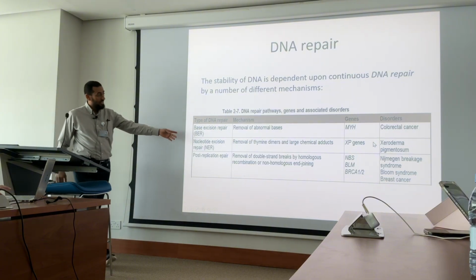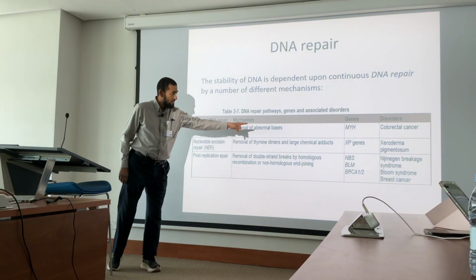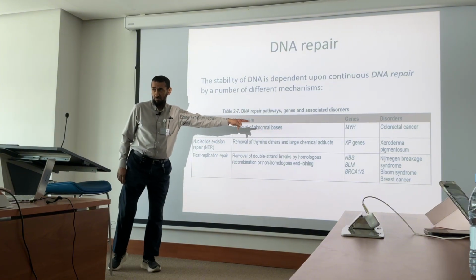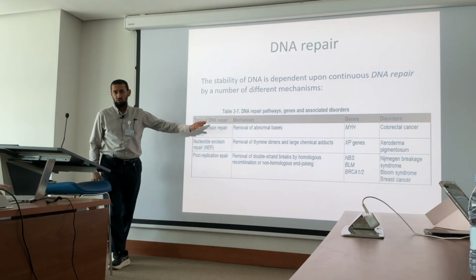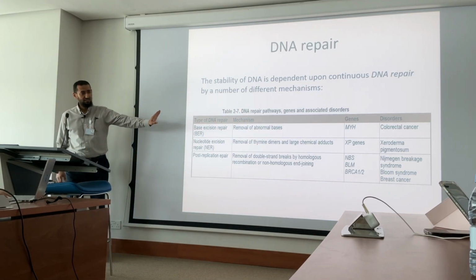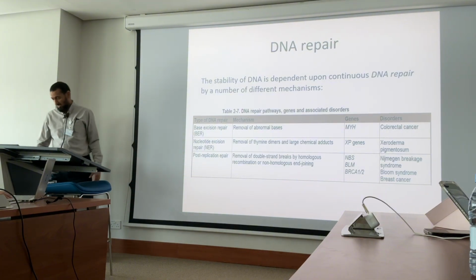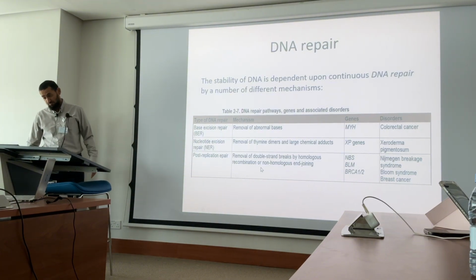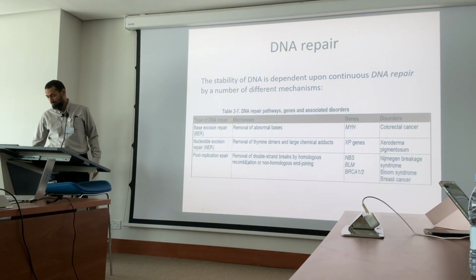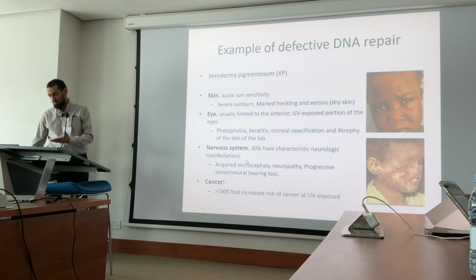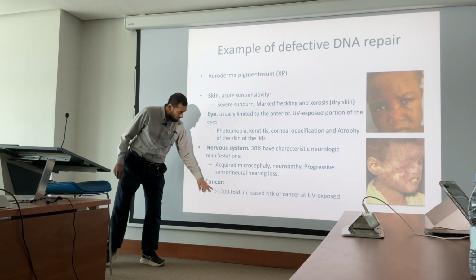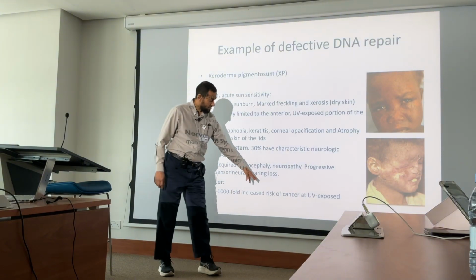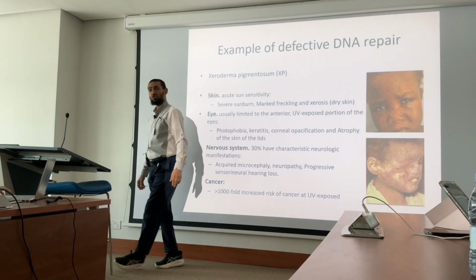Xeroderma pigmentosum is the other example that I showed you. There are multiple genes in xeroderma pigmentosum, and a mutation in any one of them may lead to that severe disease. Just a few points about it: the most important is more than 1,000-fold increased risk of cancer in ultraviolet-exposed areas.